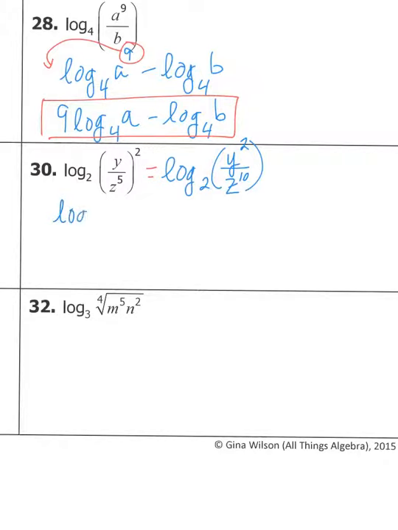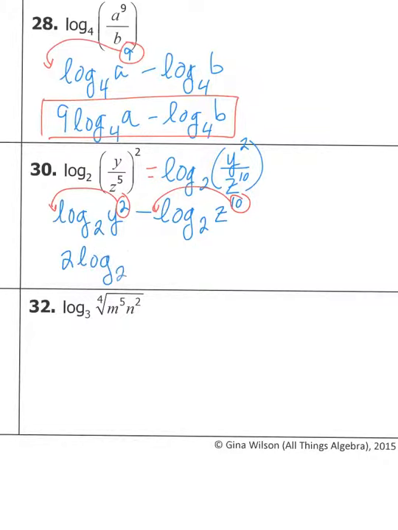So log base 2 of y squared minus log base 2 of z to the 10th. Swing any exponents in front, and you're done. So 2 times log base 2 of y minus 10 times log base 2 of z.